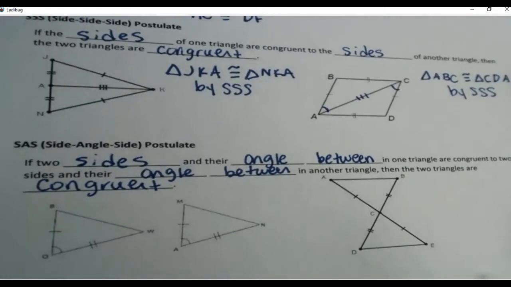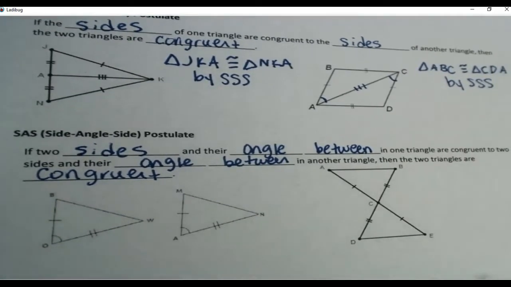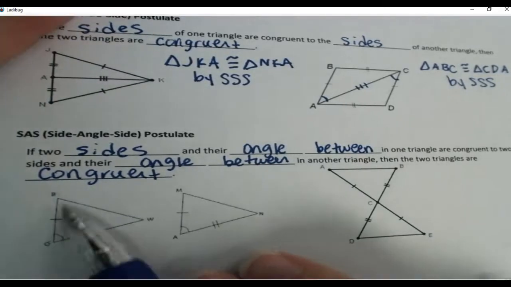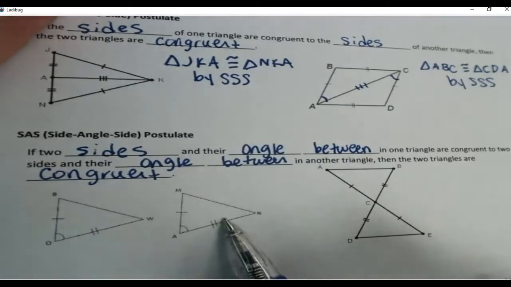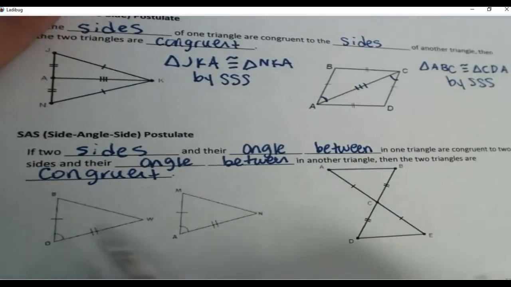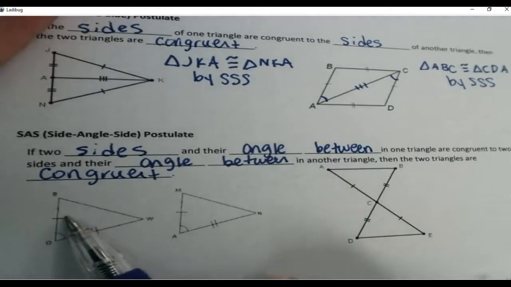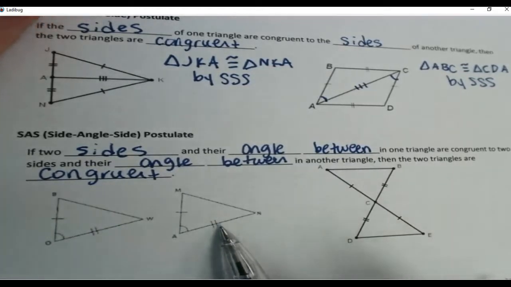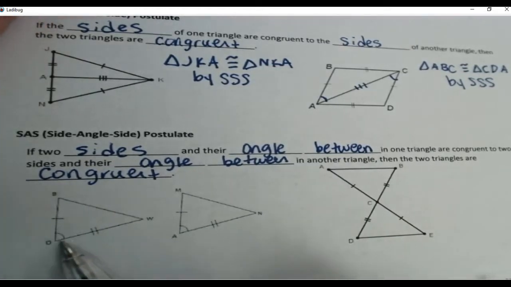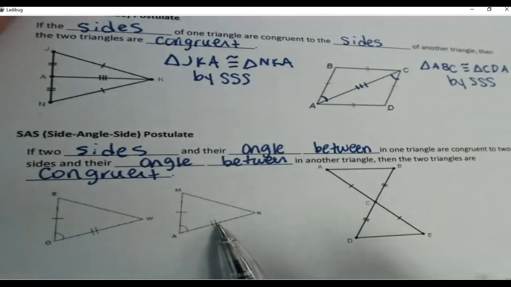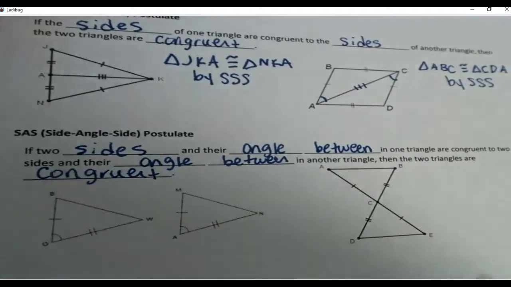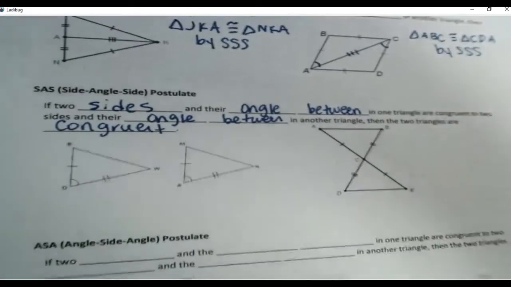Okay, so in the last one, we knew side, side, side. We knew all three sides. In this one, we know a side, an angle, and a side. So in this one, the congruent angles have to be between the two congruent sides. Okay, so side, angle, side. So let's write our statement.